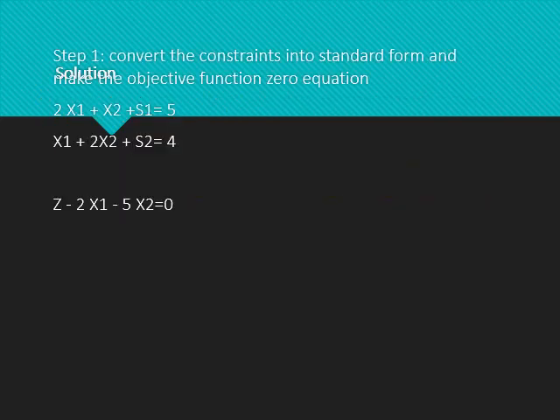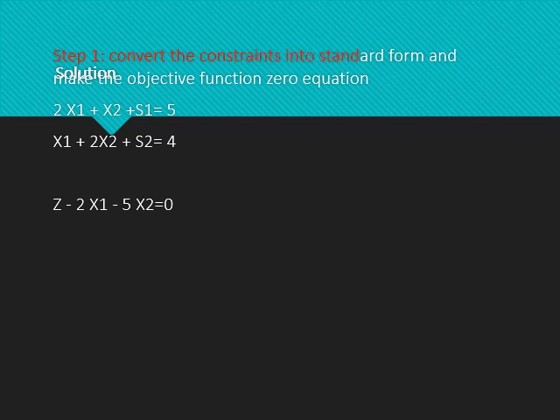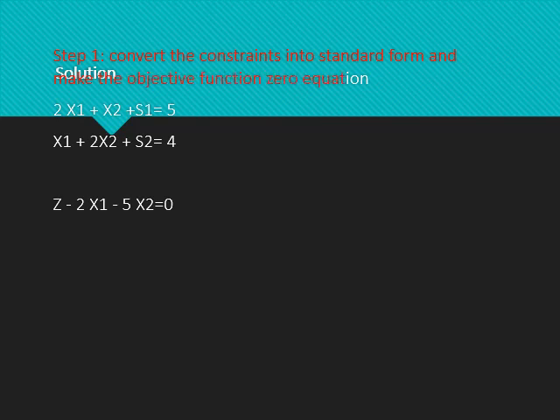Step 1. Convert the constraints into standard form and make the objective function equal 0. By converting the constraints into standard form, we mean to add slack variables S1 and S2 respectively.